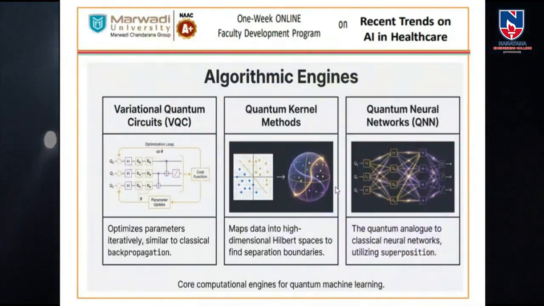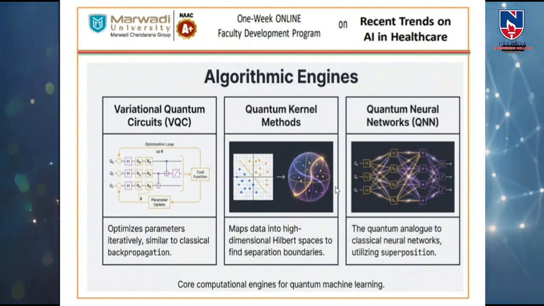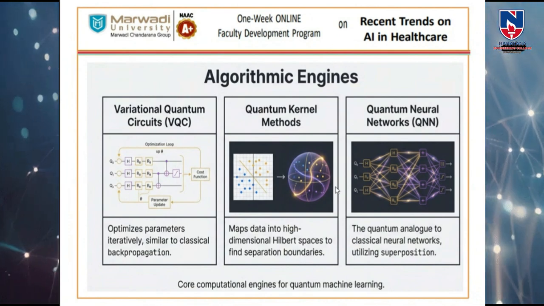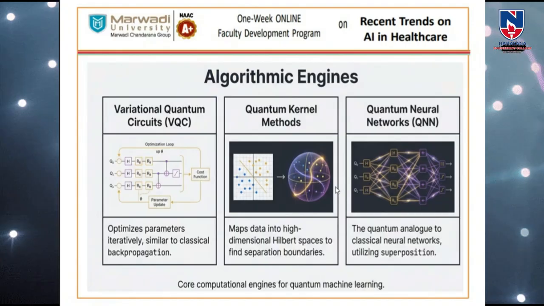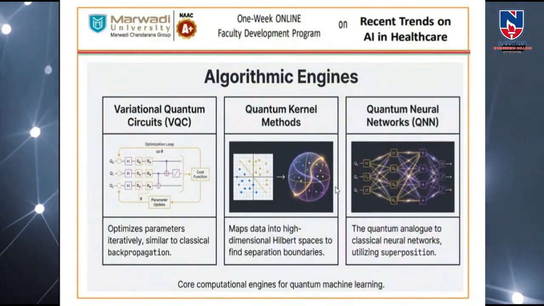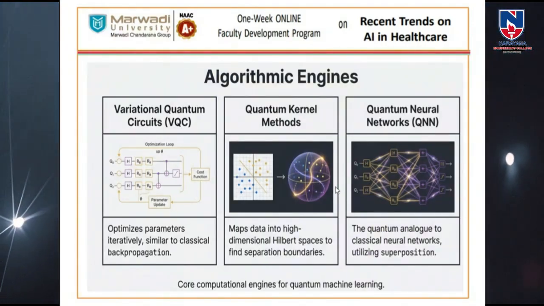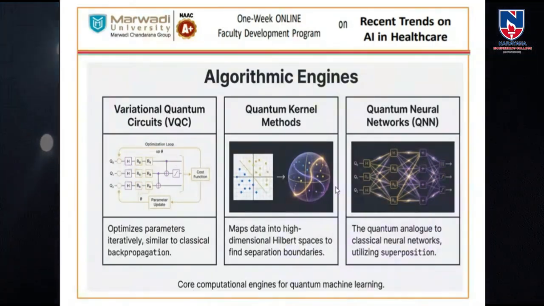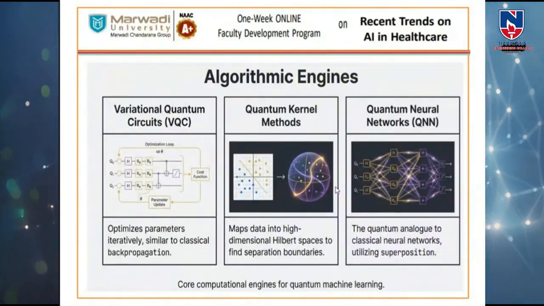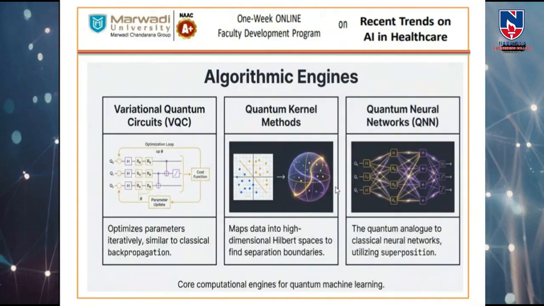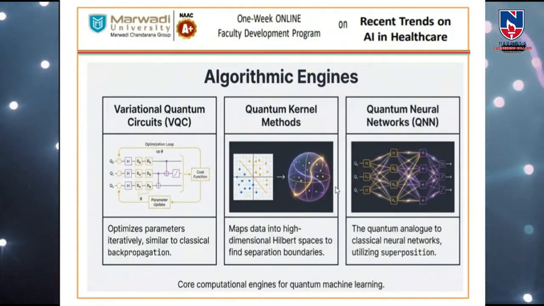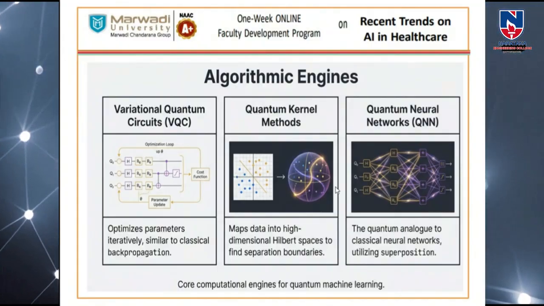They aim to model complex correlations beyond classical architectures. In summary, these three regimes, namely VQCs, quantum kernels, and QNNs, form the fundamental computational strategies that drive the research in quantum machine learning.